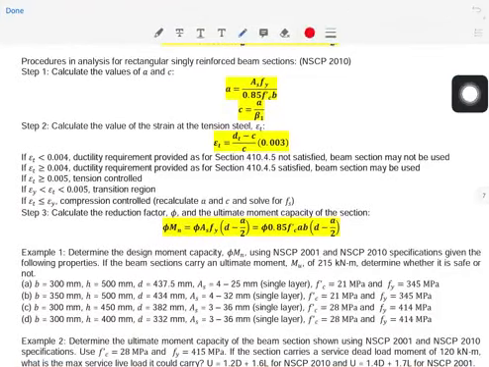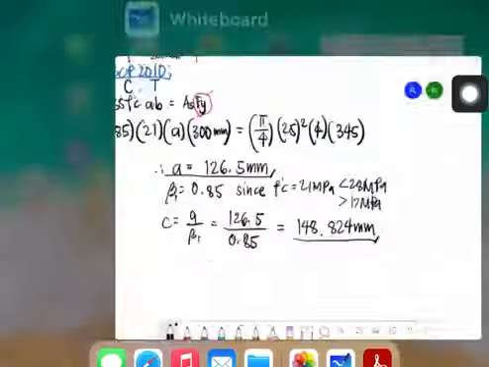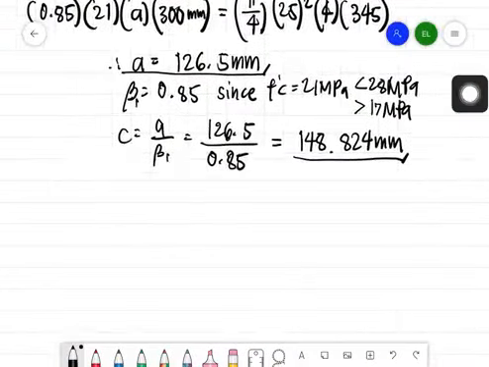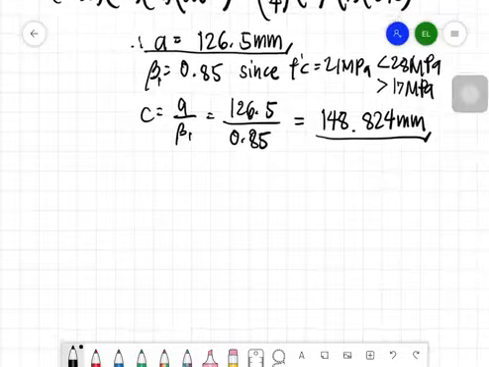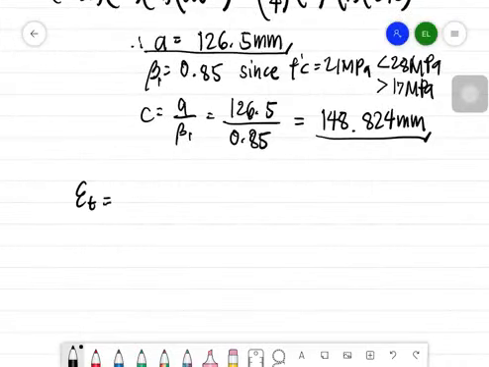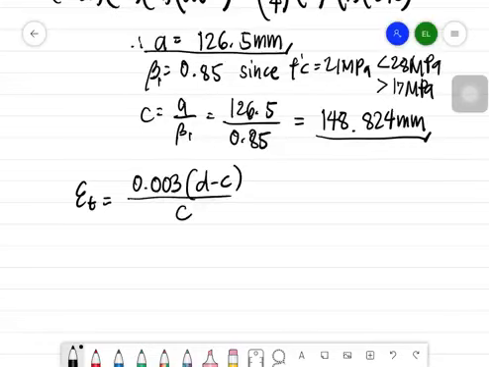So let's proceed to step 2, which is to calculate the strain at the tension steel, or strain epsilon t, using that formula. Strain epsilon t is equal to 0.003 times dt minus c, over c.